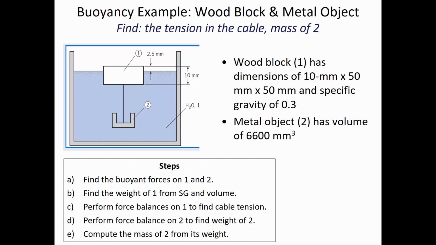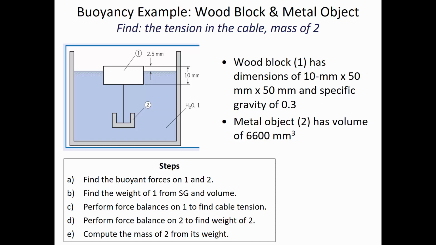Now, if we do the force balance on object 2, that metal piece, there's going to be a tension pulling up. There's going to be a weight acting downward. We'll call that W2. And then there's going to be a buoyant force acting upward, F sub B2. The tension in the cable is going to be the same in the top force balance as it is in the bottom force balance.